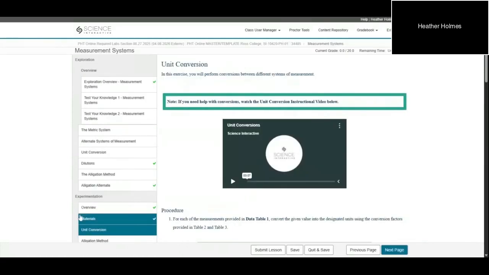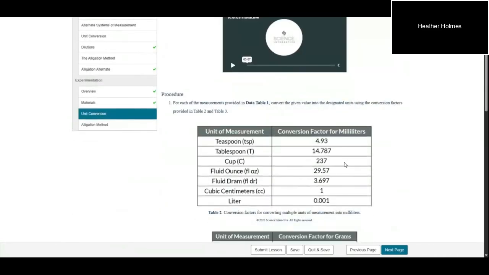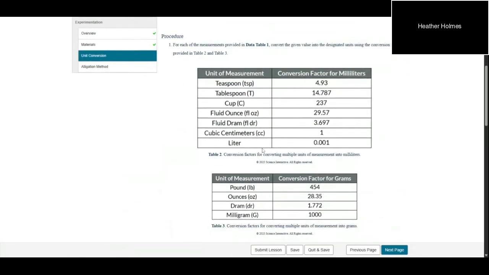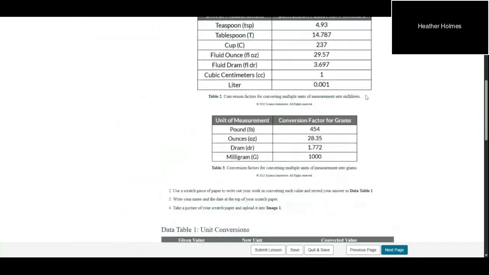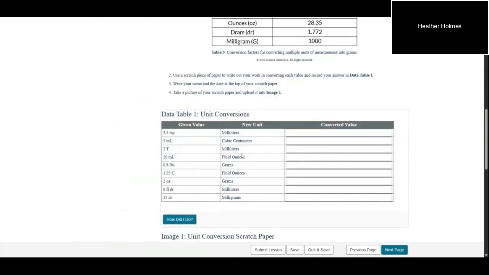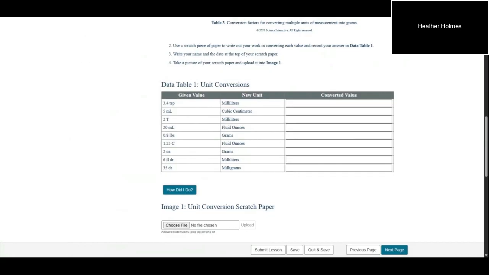So the first portion is going to be the unit conversion. They have a video that you can watch, and they provide you with a couple of tables for the data table that you're going to have to fill out down here.